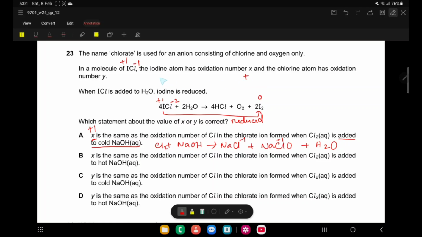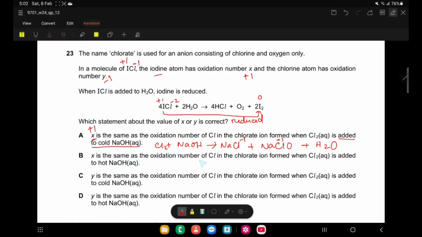X is +1, and Y is -1. So X is the same as the oxidation number of chlorine in the chlorate. Yeah, actually this is our answer. Let's check the other options also.